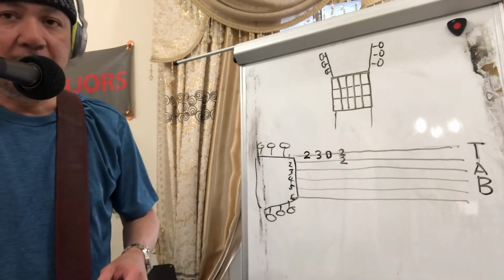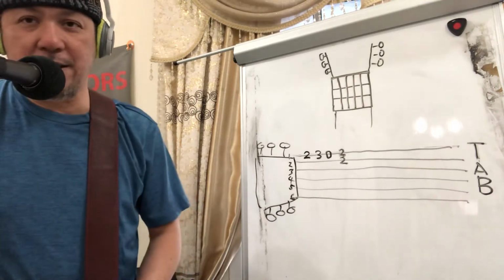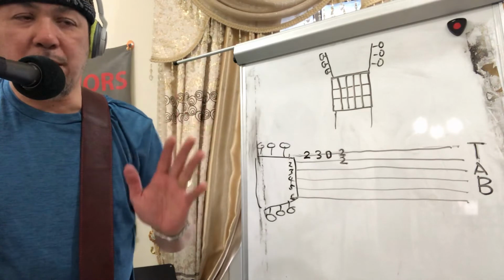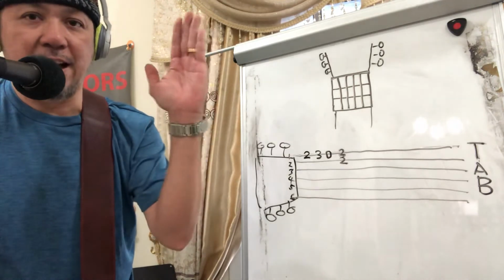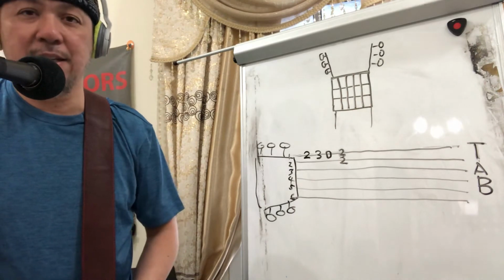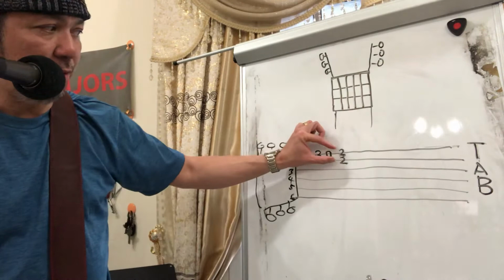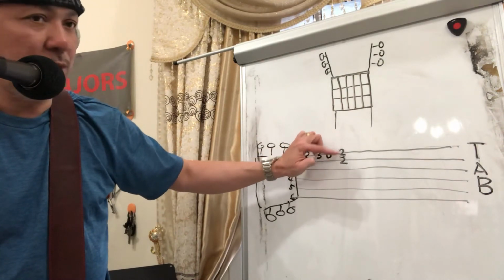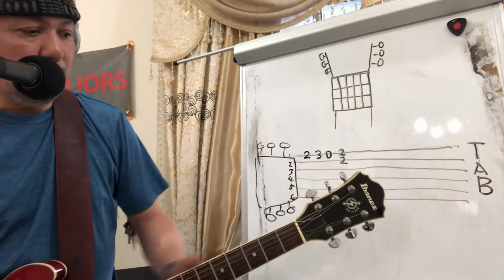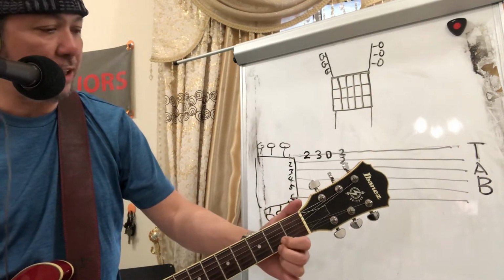Now you see that they are aligned vertically. The rule in reading in tablatures is that if there are 2 or more numbers that are aligned vertically, you have to play them all together. All together. So in this case, you have to play these 2 notes in one strike together. So 2 on the first string, 2 on the second string.